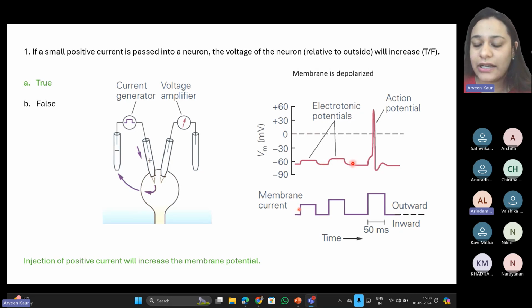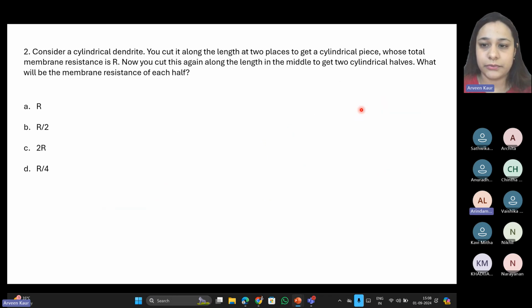If it continues to be given, it will keep increasing a little, but only if a significant amount of positive current is given such that it crosses a threshold, which we'll talk about in later weeks, will it go to maybe plus 40 or plus 50 millivolts. That is basically the generation of an action potential. So that is it for this question. Let us move to question number two.